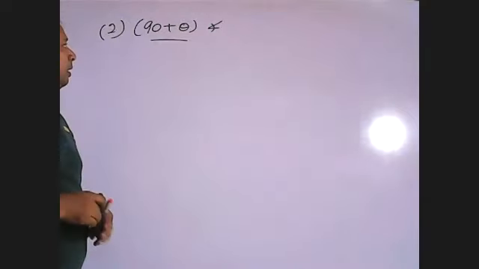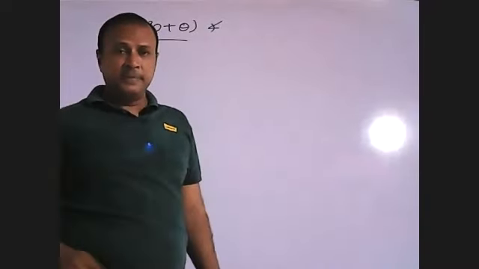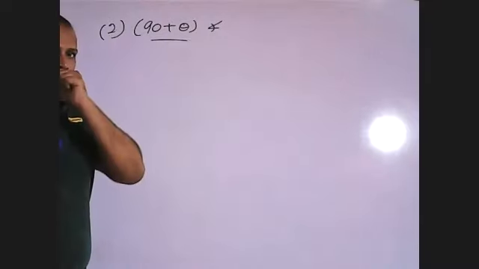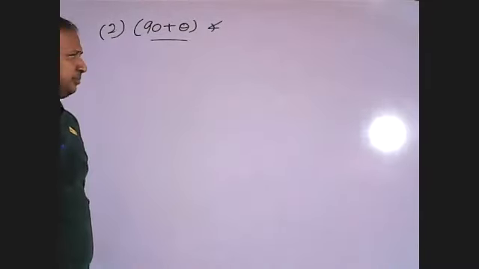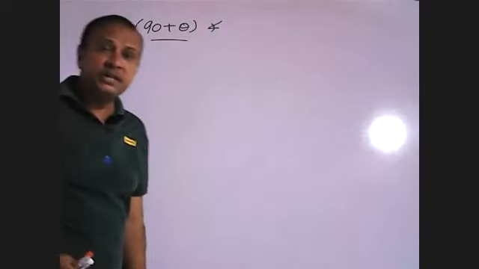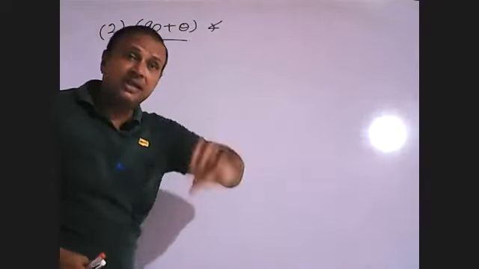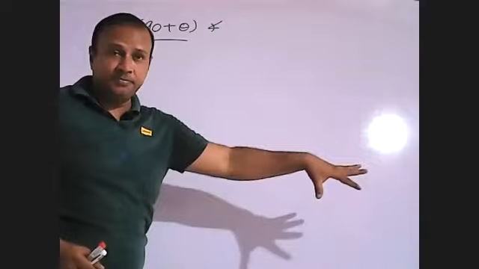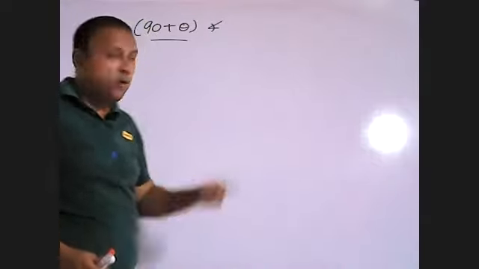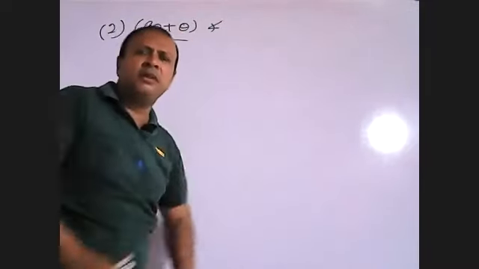So if you want to find 90 plus theta, what is the quadrant? Theta can be any value, but it should be an acute angle. Yes, it should be the second quadrant, because theta is an acute angle. That means theta is smaller than 90. Therefore, the addition of those two should be smaller than 180.